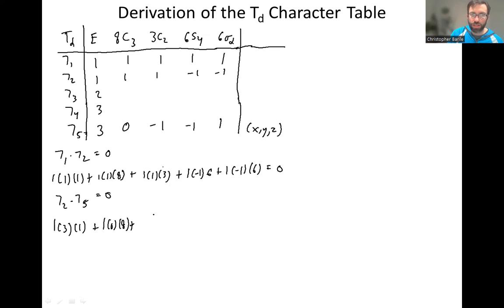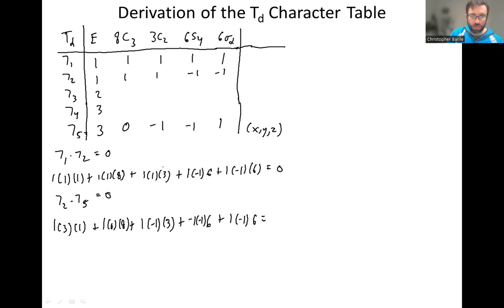And here I have 1 times negative 1 times 3, which is negative 3. Right here I have negative 1 times negative 1 times 6. And here I have 1 times negative 1 times 6.